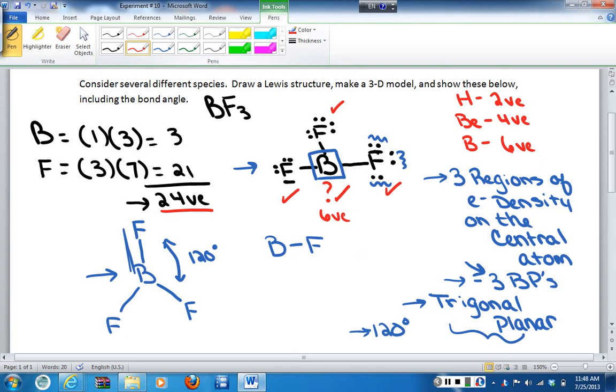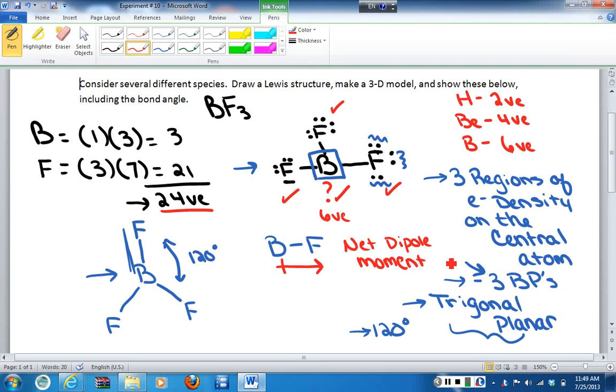As a result, we have a net dipole moment, where, depending upon the electronegativity, the electrons are going to hang out in this bond on one atom more so than the other. So there's not equal sharing of those 2 electrons in that bond.